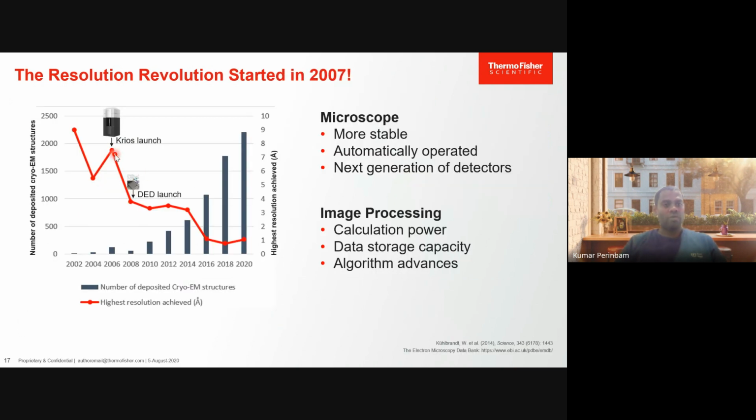Around the same time, the Krios, which is like 2007, you can see that Thermo Fisher, FEI has been investing a lot in the development of this tool. So the moment the DED, the direct electron detector, was launched, as you can see, the resolution fell somewhere around 4 angstrom, and then around 2017, we created the 300 kV tool with Selectris, which I will be explaining in a later part.